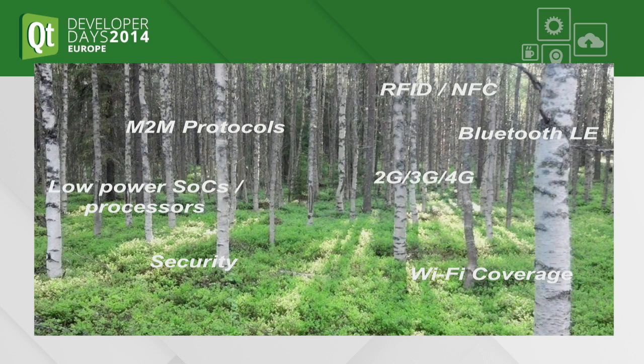But when you go to a tech conference, especially an embedded conference, they're all about Internet of Things, and I don't think they really see the forest for the trees. It's all about Wi-Fi coverage, cellular networks, RFID, Bluetooth LE, M2M protocols, low energy consumption, security. I mean, these are definitely very important things for people doing hardware.